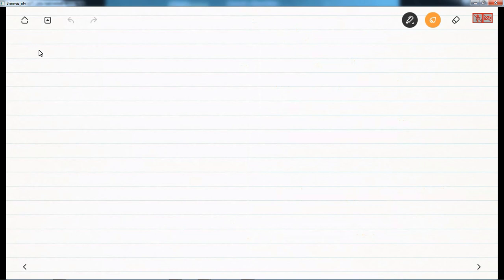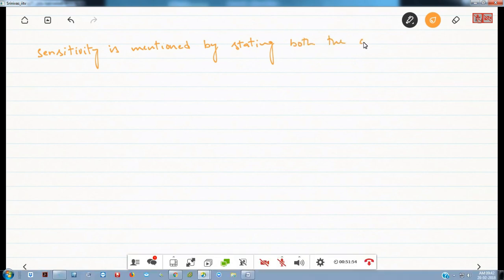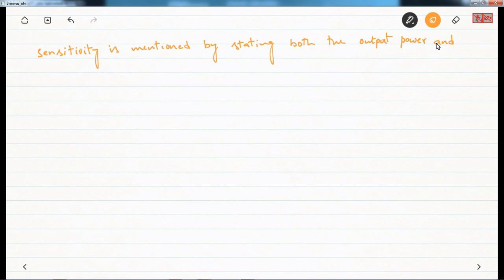So what I'm trying to say is that there are two receivers, and sometimes the sensitivity is mentioned by stating both the output power and the SNR.